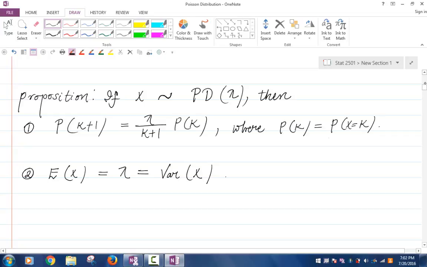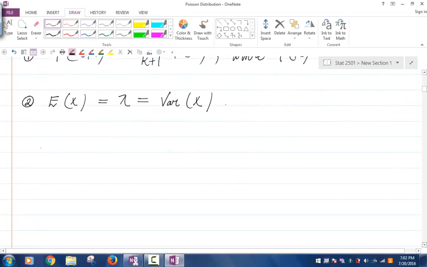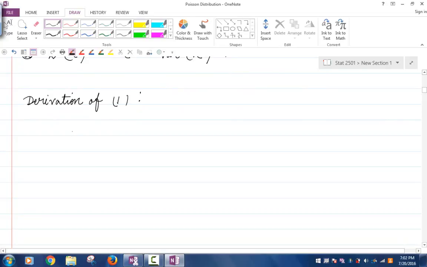So the first thing I'm going to do now is derive the recurrence relation. Let's derive number one. In order to derive the recurrence relation, what I'm going to do is look at the ratio of P(k+1) and P(k).